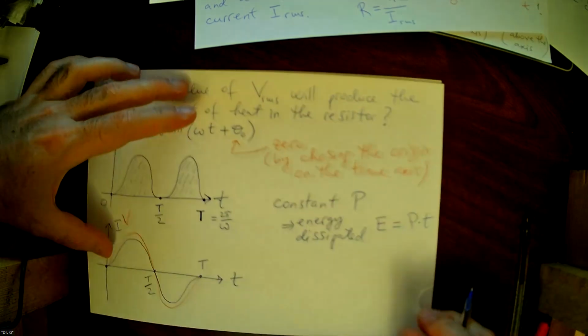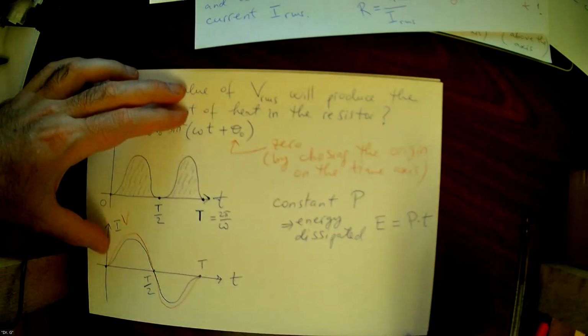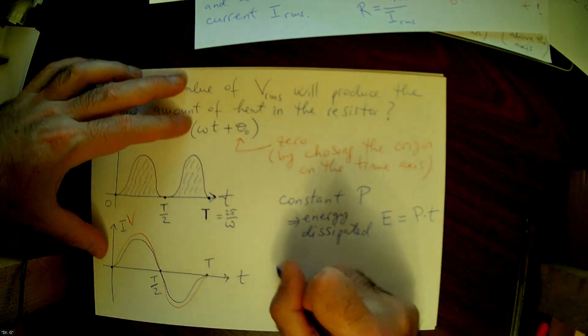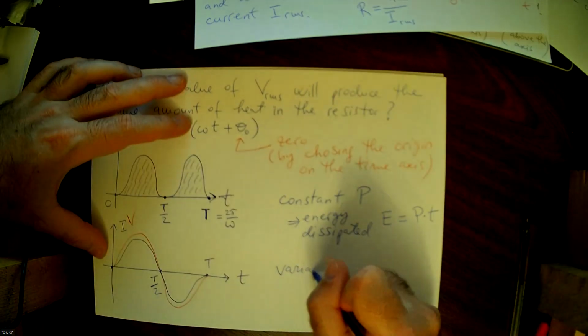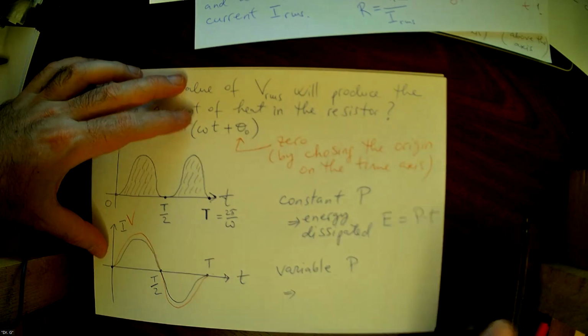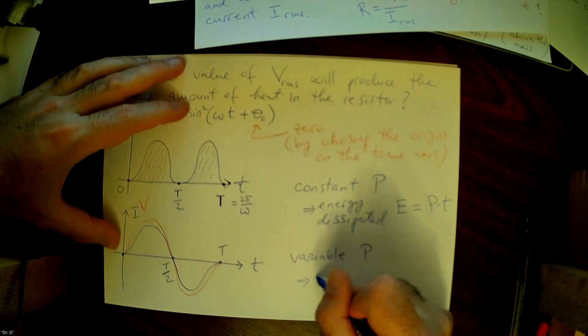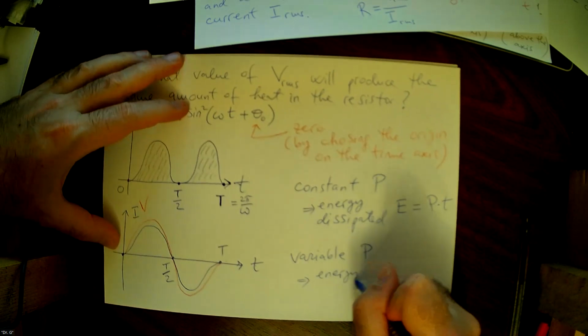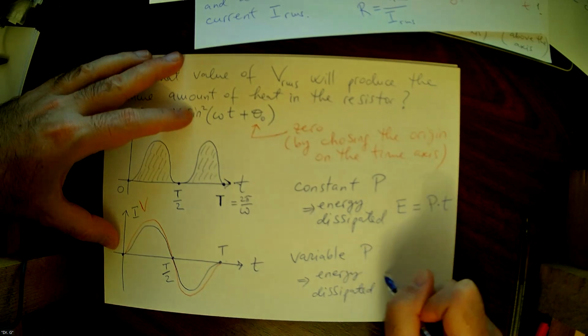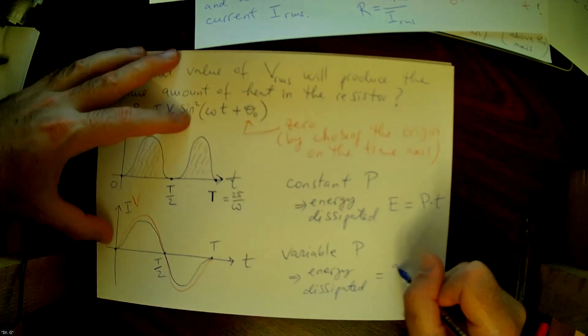For variable power, the energy dissipated is the area under the graph.